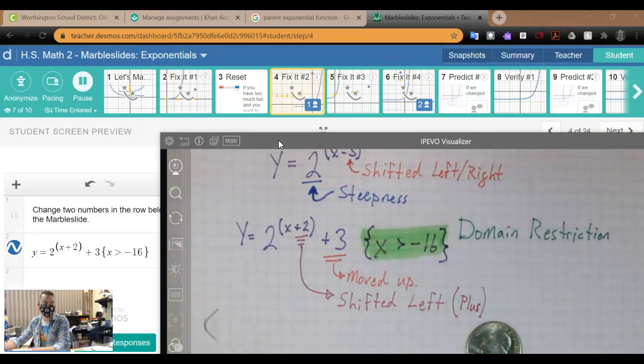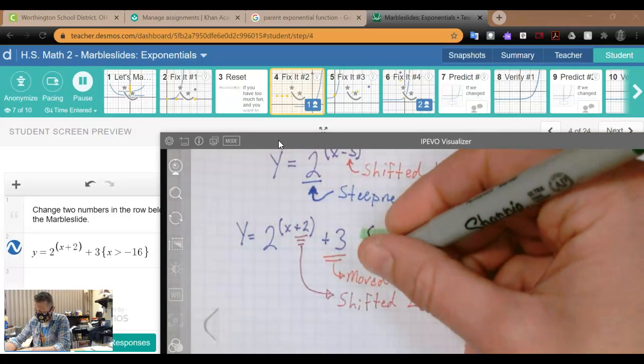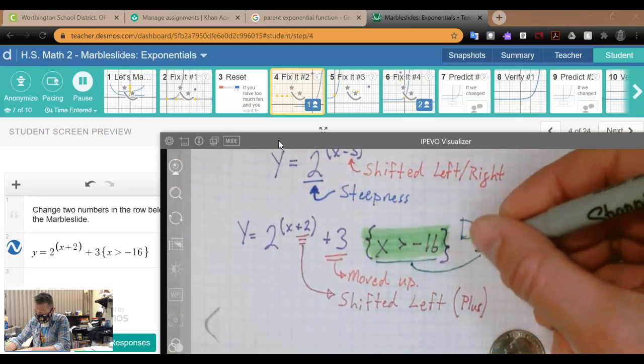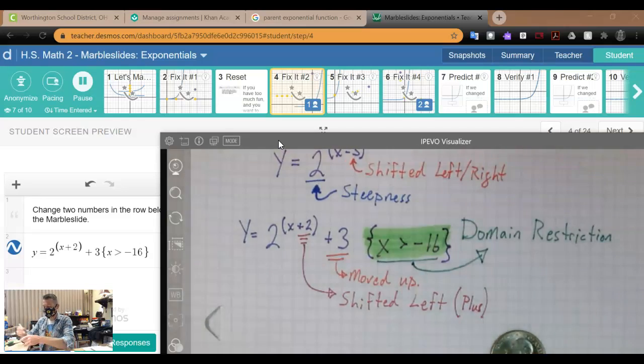It's a domain restriction. Because it restricts the domain. So it says our domain is only allowed to exist when x is greater than whatever.